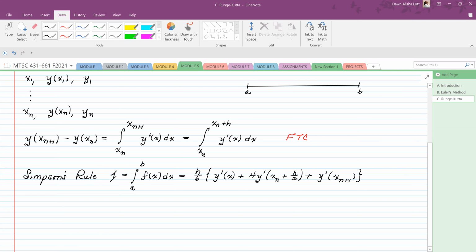So let's say I divide it up into 4 intervals, so here n is equal to 4. When we did the trapezoidal rule, Tn, we used that h was b minus a over n.